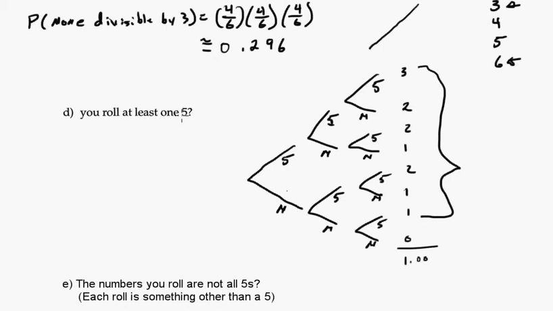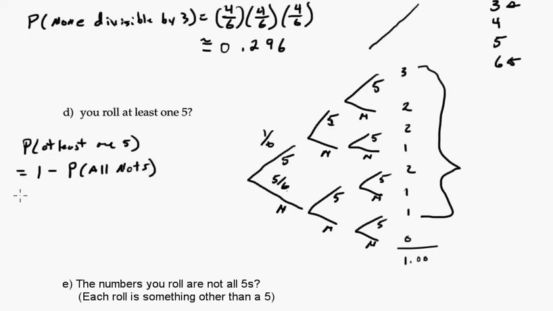The probability of at least one 5 is 1 minus the probability of all not 5, so 1 minus 5/6 times 5/6 times 5/6. That comes to approximately 0.421.